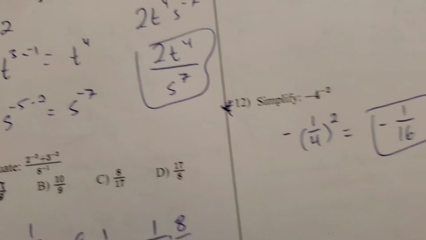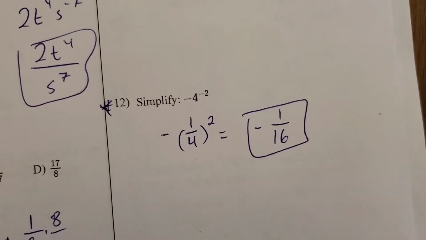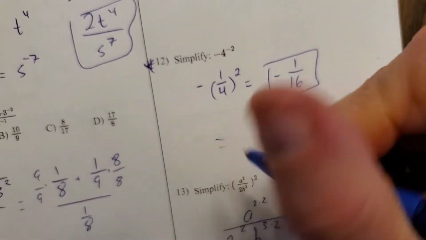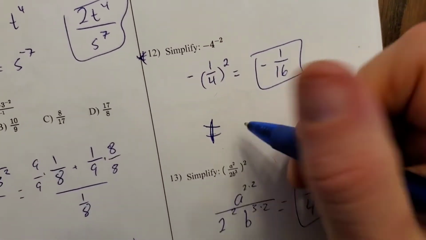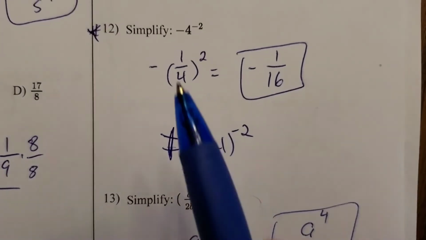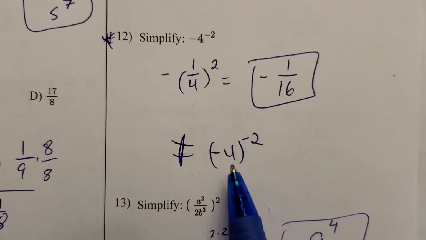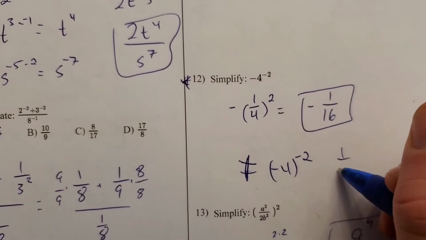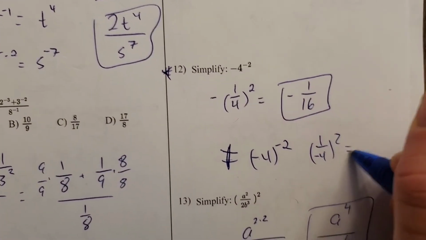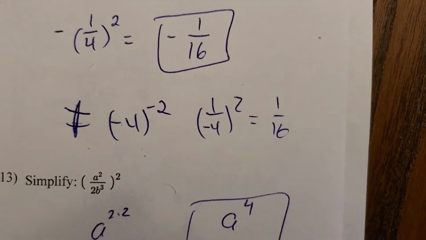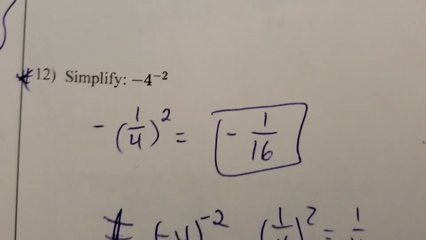Be careful, okay? Negative 4 to the negative second power is not equal to negative 4 to the negative second power, okay? These are not the same thing, because if you have this here, then you will be 1 over negative 4 squared, which will be positive 1 over 16, okay? That is not the answer. The answer is negative 1 over 16.